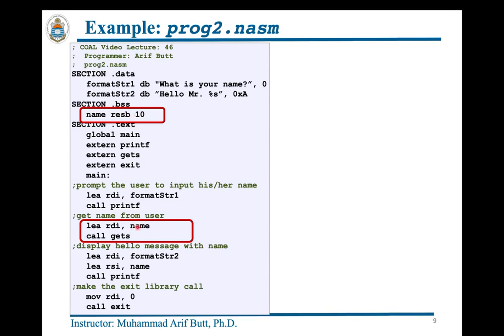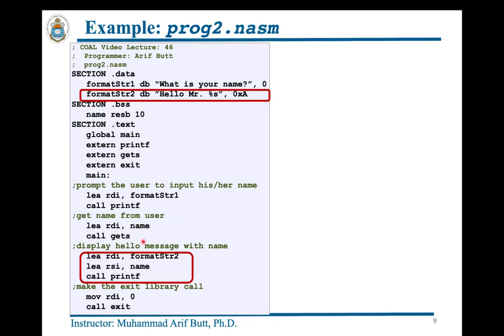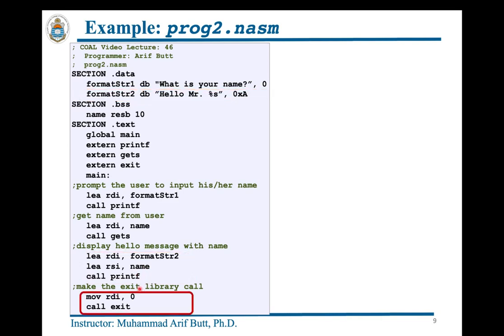And after reading the name from the keyboard, these 3 lines display the "Hello Mr." message followed by the name, using once again the printf call. And finally, these 2 lines make the exit library call, and note that we are placing the exit status 0 inside the RDI register before we make the call.